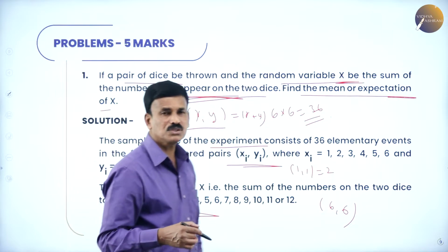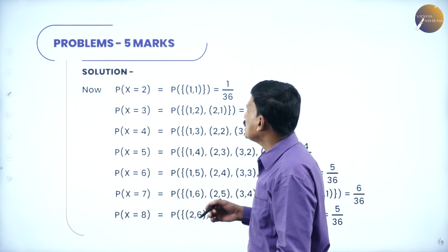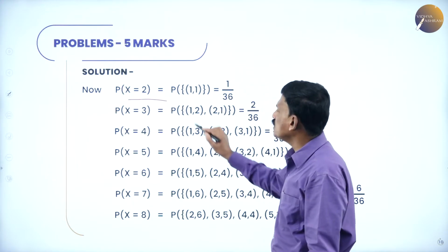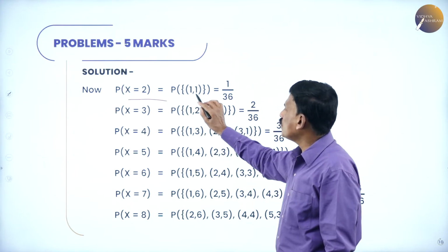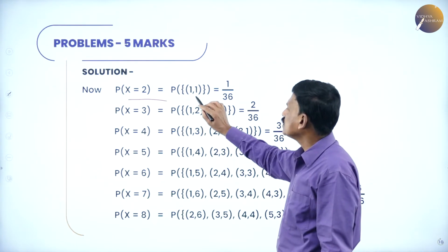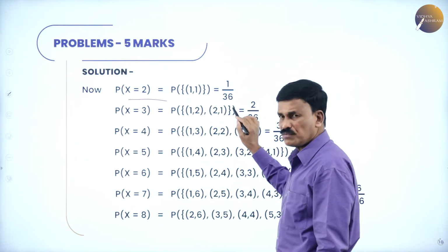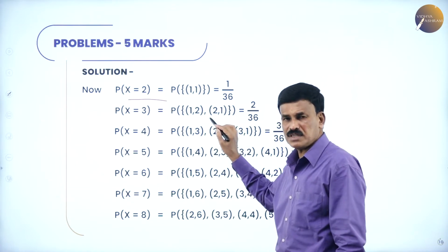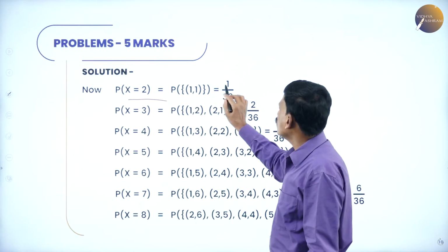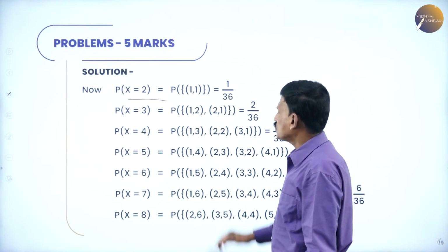Okay, now let us come to the first. When x is equal to 2, the probability is of 1 and 1. Since the total possible events are 36, only one case will arise, so 1 by 36.